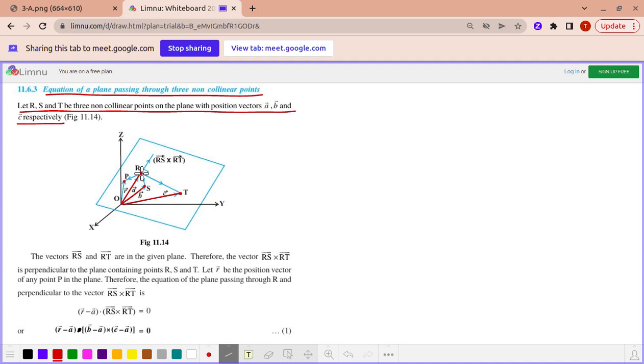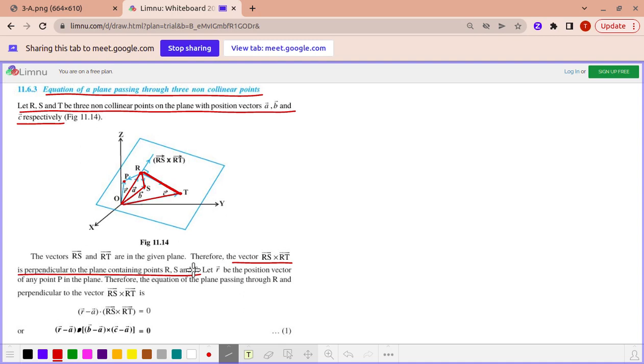So this vector RS and this vector RT are on the plane, correct? So that means the vector RS cross RT is perpendicular to the plane. So the vector RS cross RT is perpendicular to the plane containing the points R, S and T, obviously, because we know a cross b is a vector which is perpendicular to the plane containing the vectors a and b. In this case, there are 2 vectors RS and RT. Now, what is the vector r?